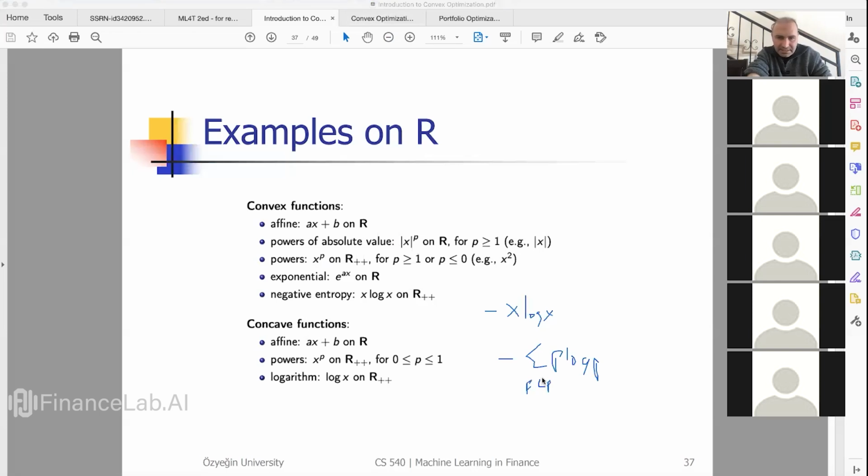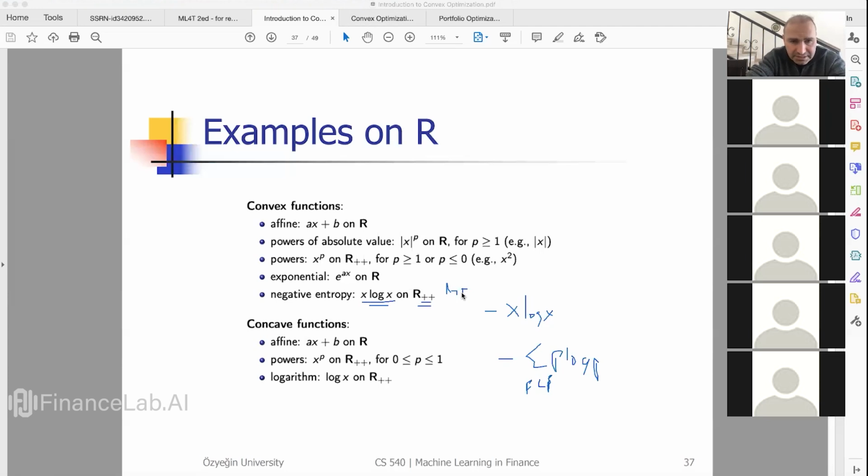This was the entropy, which is concave, and its negative, the negative entropy, is convex. So x log x is defined on R++, since the logarithm is defined for positive real numbers.